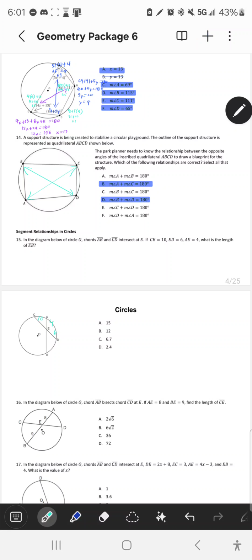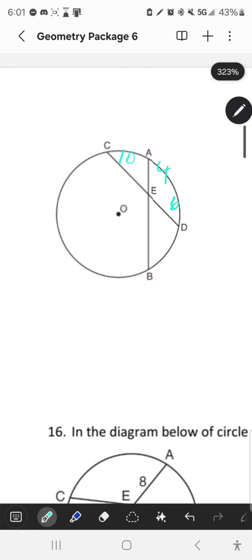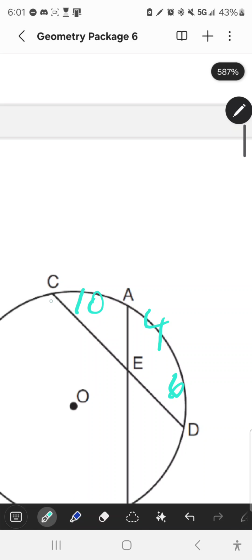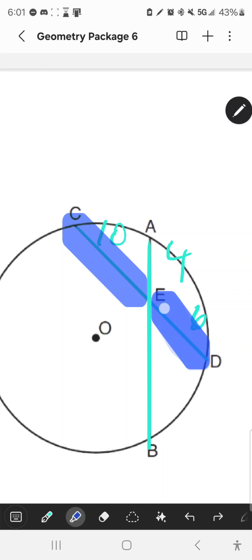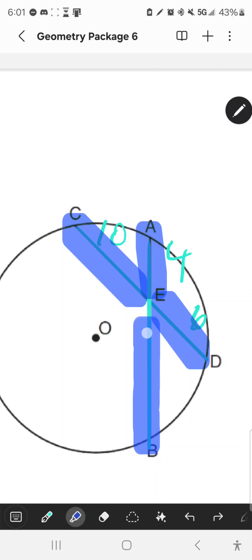This is the chord, the complete line. So one segment of the line times the other segment of the line equals the same, one segment of the other line times the other segment of that line.